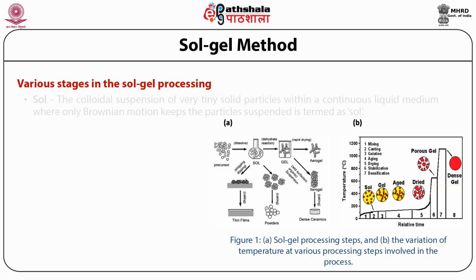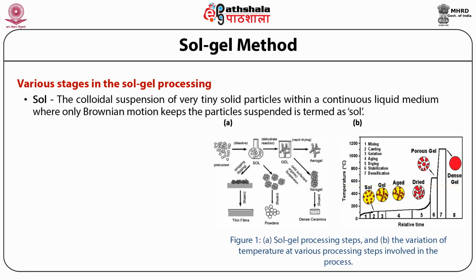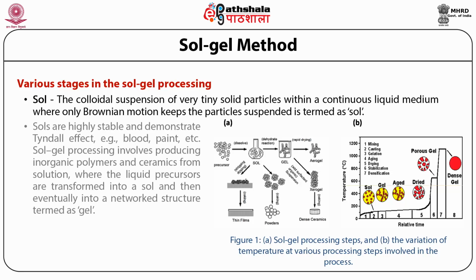First one is the sol. The colloidal suspension of very tiny solid particles within a continuous liquid medium, where only Brownian motion keeps the particles suspended, is termed a sol. Sols are highly stable and demonstrate the Tyndall effect.